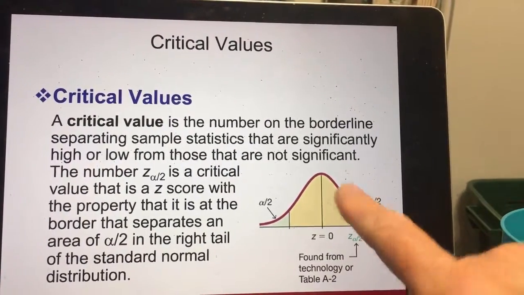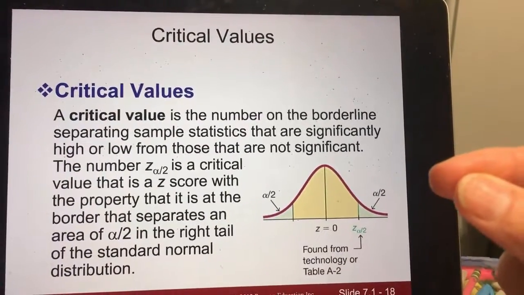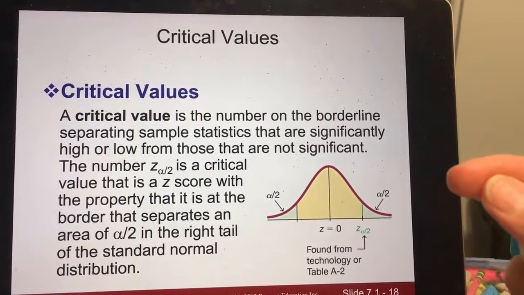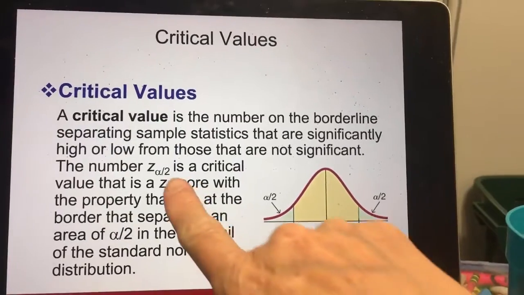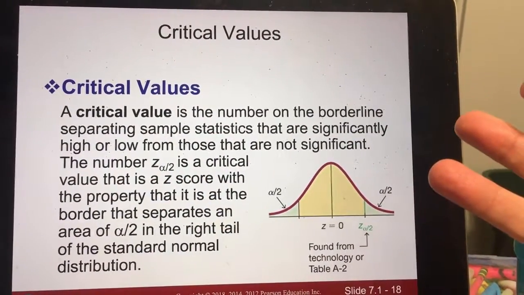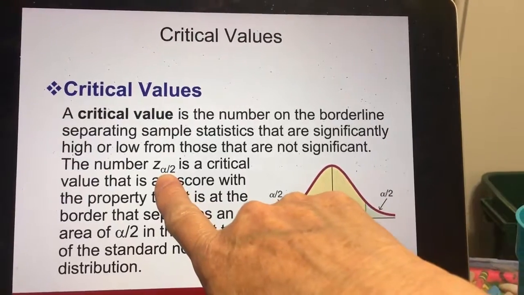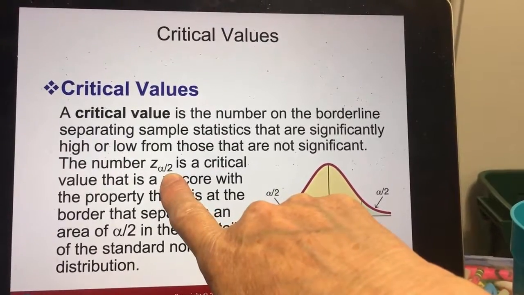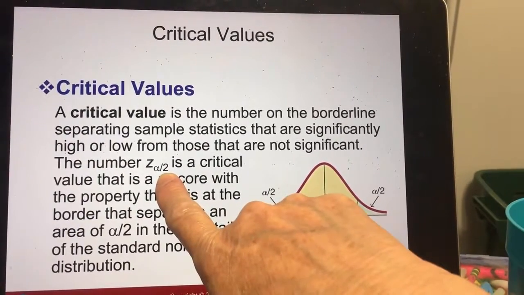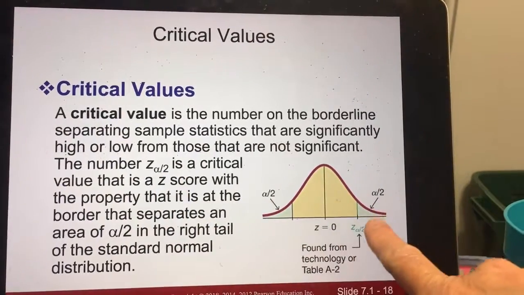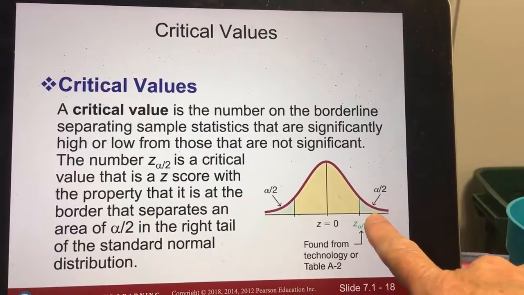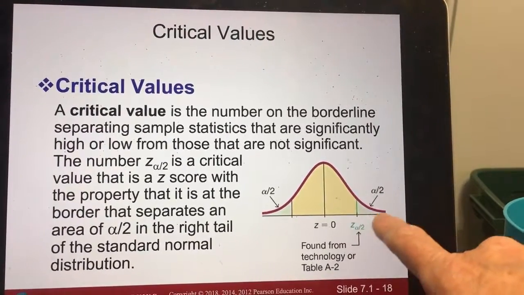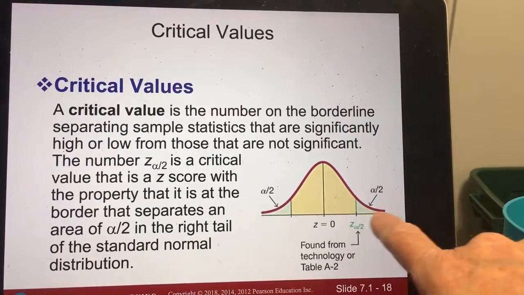The alpha is going to change with the confidence level that we're given in our problem. If my confidence level was 95, then my alpha would be 0.05, which would mean my alpha divided by 2 was 0.025. Then I'm going to look up in the table or in my technology the z-score that has 0.025 in this little interval here.